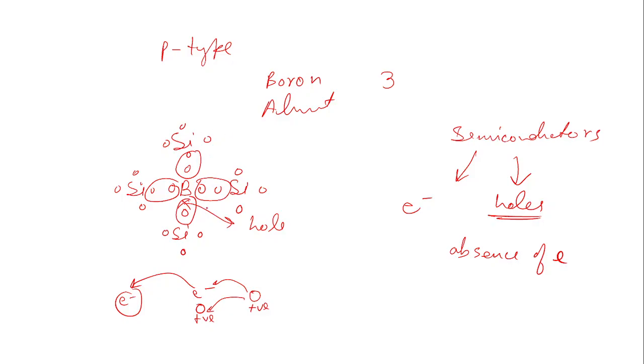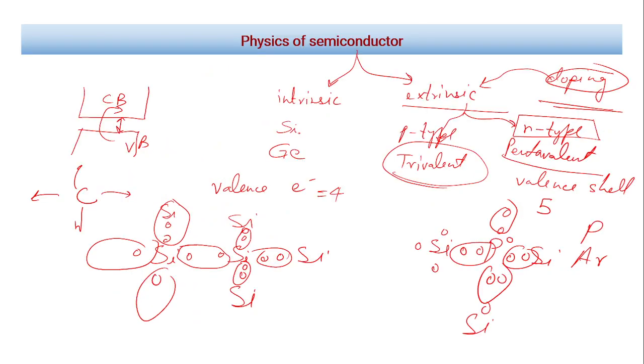When there is a lesser number of negative charges, an absence of negative charge, we call it a hole. Okay, so these are the two types of conduction, p-type and n-type semiconductors. N-type semiconductors have an excess of electrons. Usually we represent electrons with this and holes with this gap.